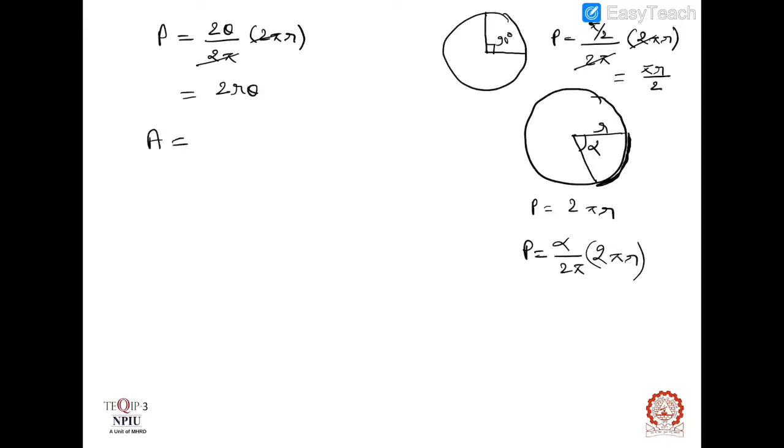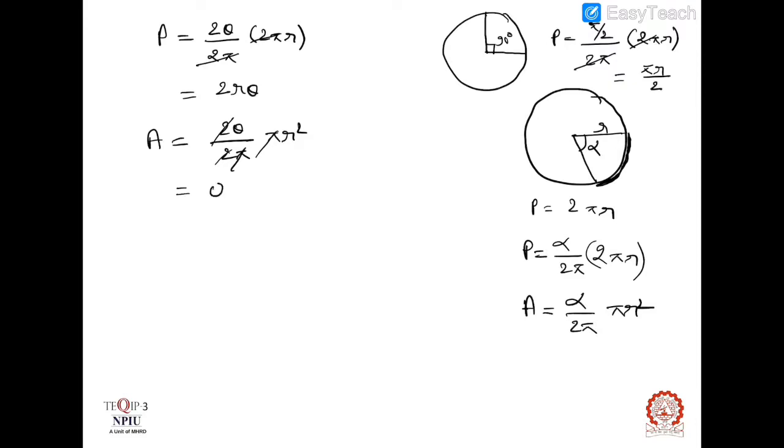Now area of flow will be, in similar way the generalized formula to find the area of any sector of a circle is alpha divided by 2 pi r square. So in this case alpha is 2 theta, so 2 theta divided by 2 pi r square. This pi gets cancelled, 2 will get cancelled.